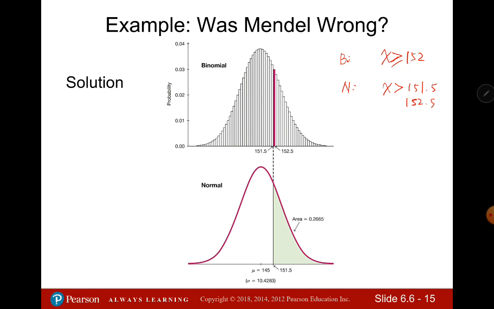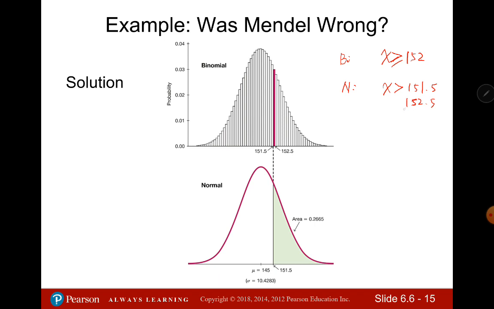We need to test. How can we test which value we're going to pick? We just check the single value 152. Because in the original binomial distribution, is the single value 152 included in this interval? Is it possible to get 152? We will say yes. X greater than or equal to 152, so it's possible to get exactly 152.